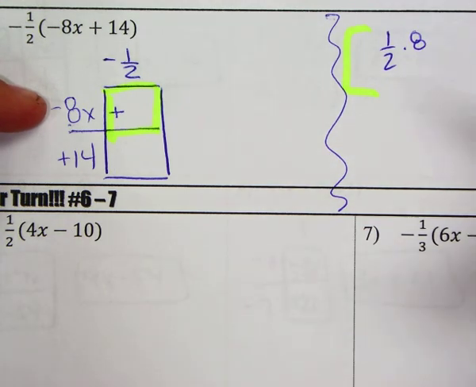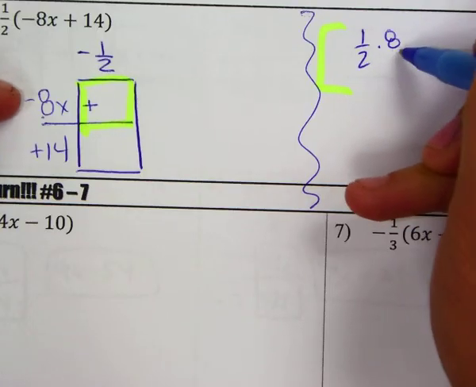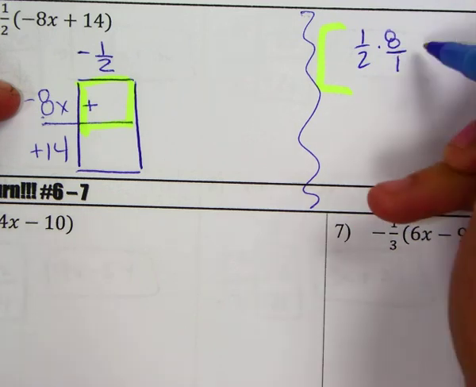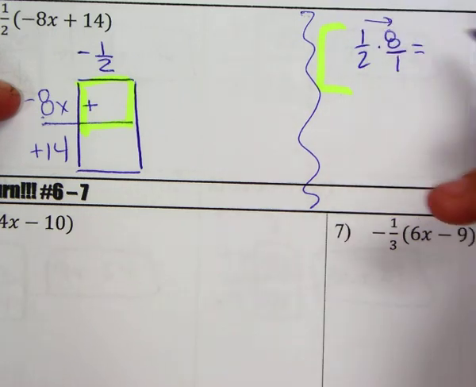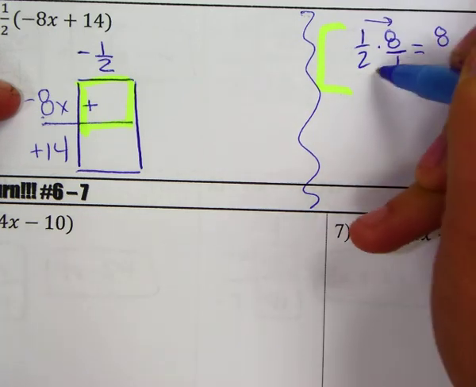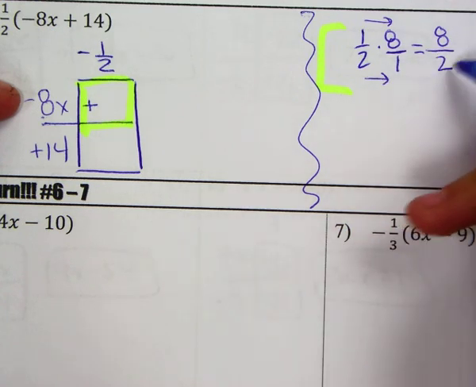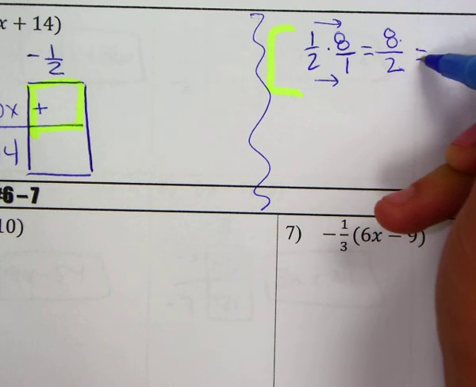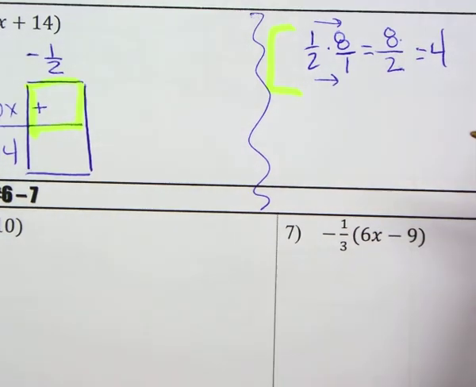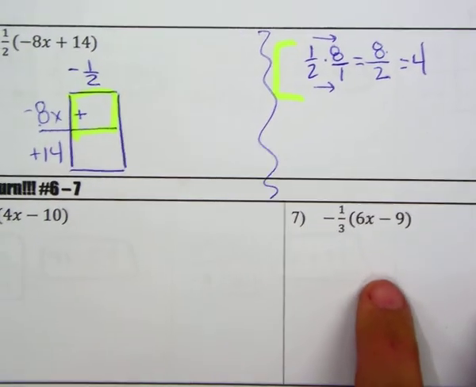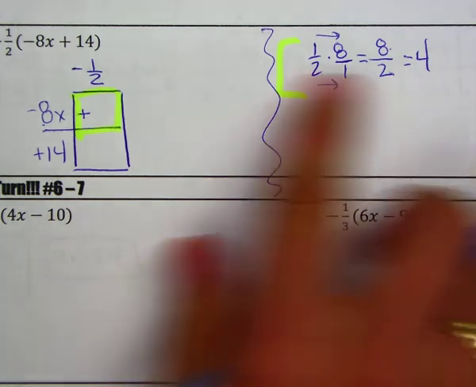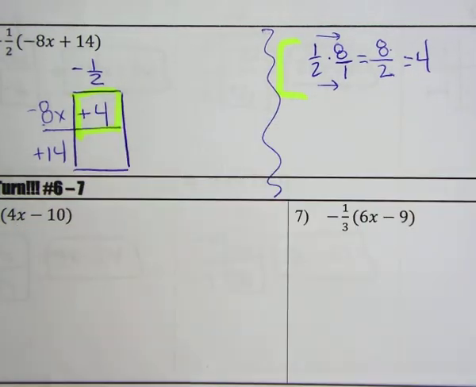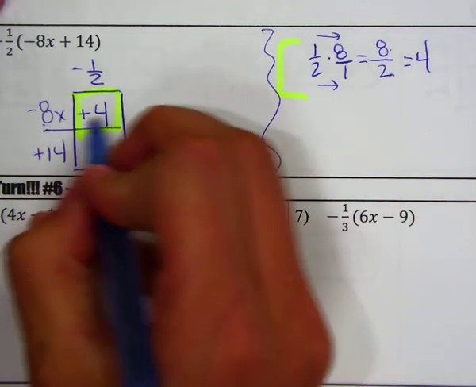When we multiply a fraction times a whole number, we put that whole number over 1 and multiply straight across. 1 times 8 is 8. 2 times 1 is 2. This is 8 divided by 2, which is 4. Zoom out just a little bit. There we go. So we put the 4 back in the box. And we tack on that x.